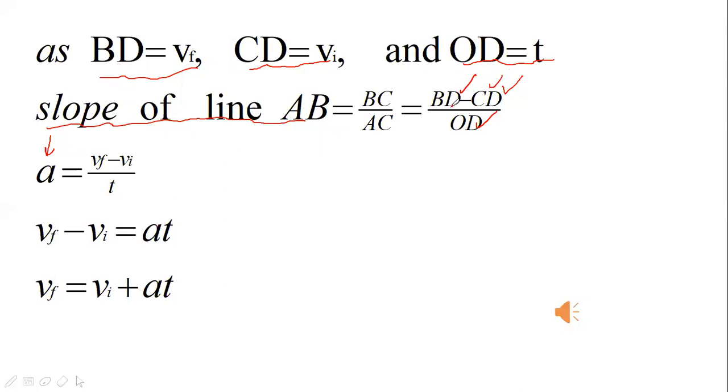So acceleration A is equal to V minus VI divided by T. By cross multiplication, V minus VI is equal to AT. V is equal to VI plus AT.